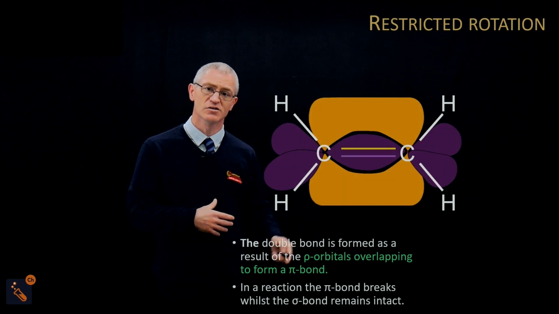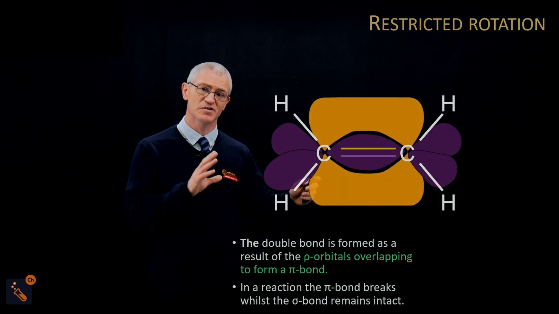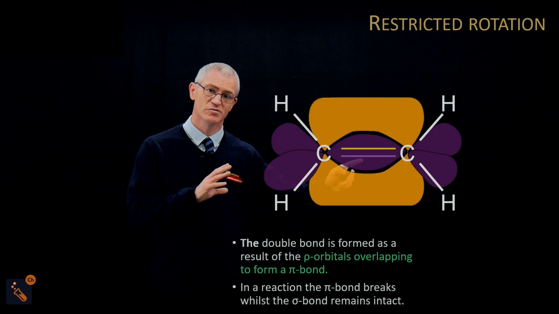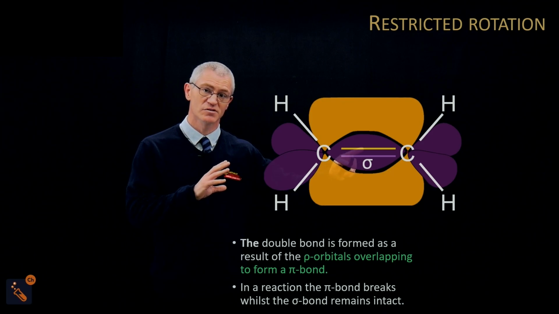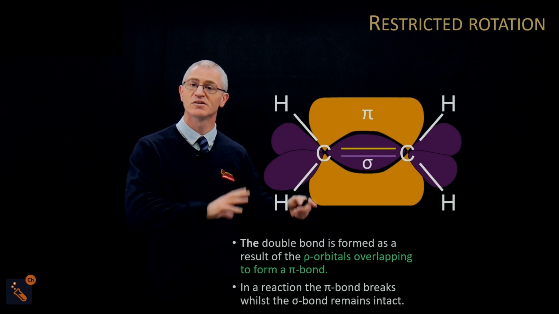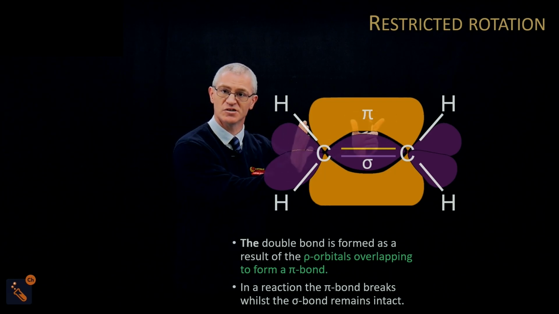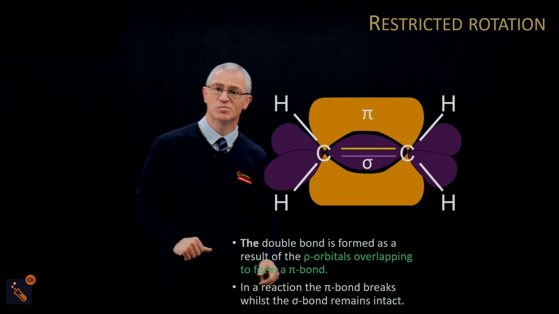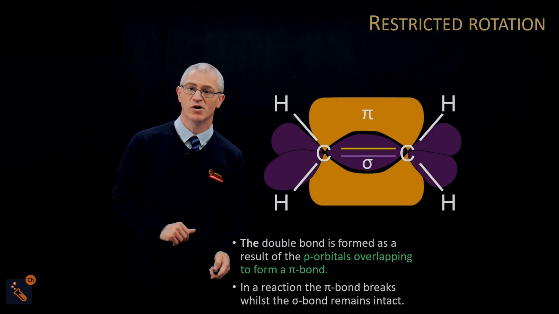Now, if we make that a bit obvious, you can see the purple is this bond here, and that bond is a sigma bond. What makes it into a double bond is this one here, which is your pi bond. So your pi bond is, as you saw, the sideways overlapping of these p orbitals to form a pi bond.